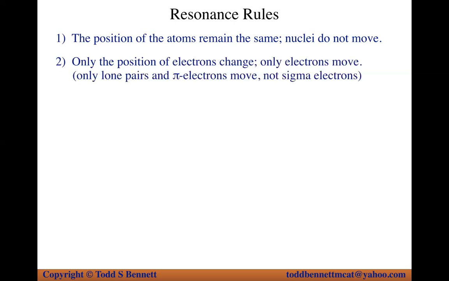If an atom doesn't move, it's resonance. Only the position of electrons changes, only electrons move. So lone pairs and pi electrons move. Sigmas and hybrid lone pairs do not move. Everything that moves has to be pi related: pi bonds and lone pairs in p orbitals.